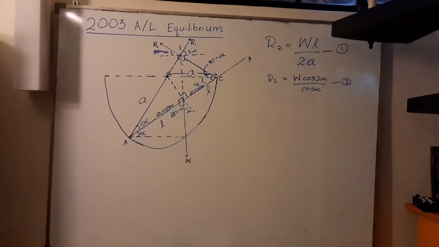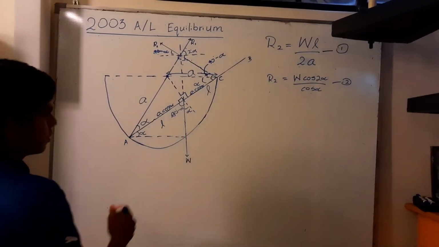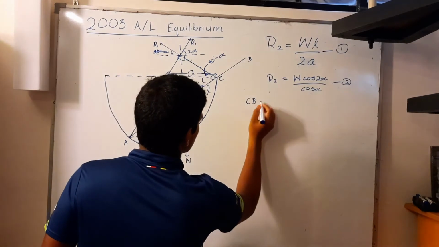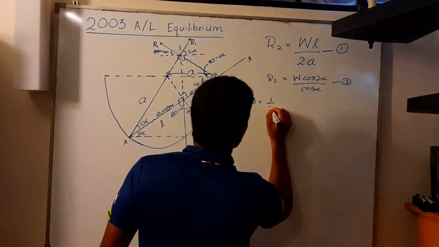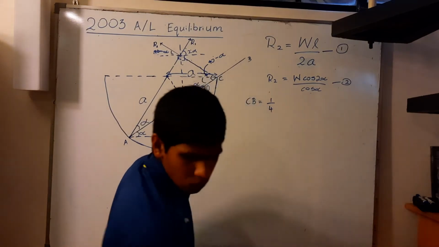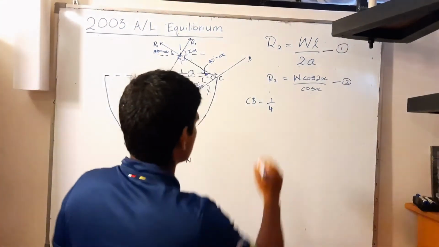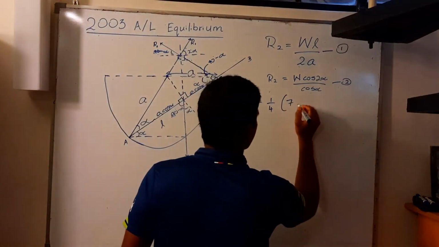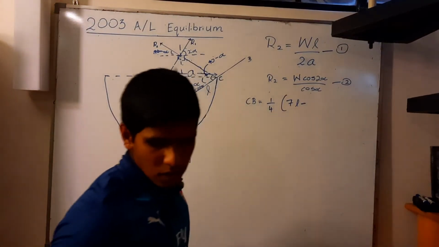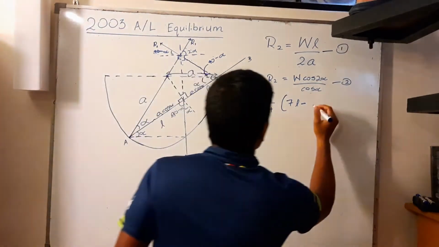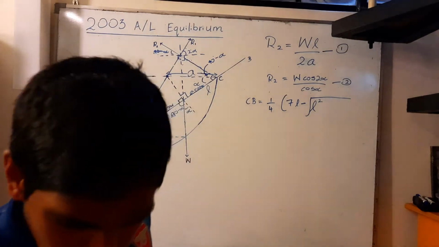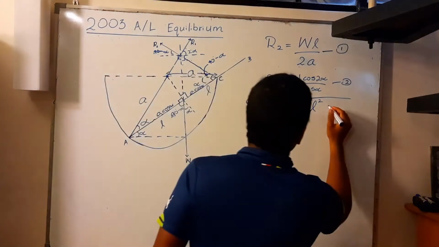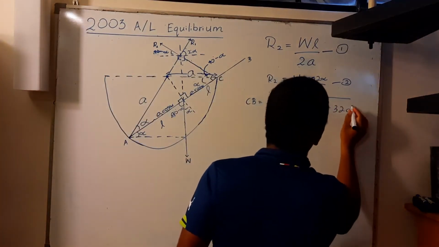Alright guys, so finally they say hence show that CB equals 1 over 4 times 7L minus root L squared plus 32A squared.